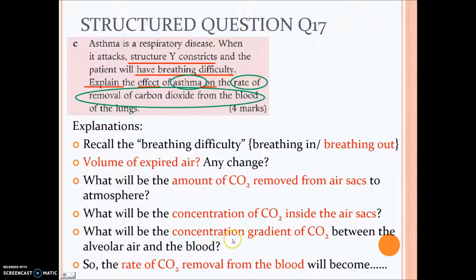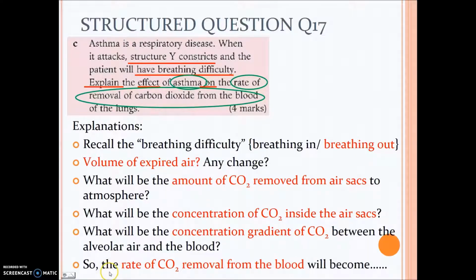Why do we need to talk about concentration gradient? Because carbon dioxide moves across the respiratory surface in the lungs, that means the air sac epithelium. The process is diffusion, and when we talk about diffusion, we need to talk about the concentration gradient, right? The gradient will become steeper or smaller.